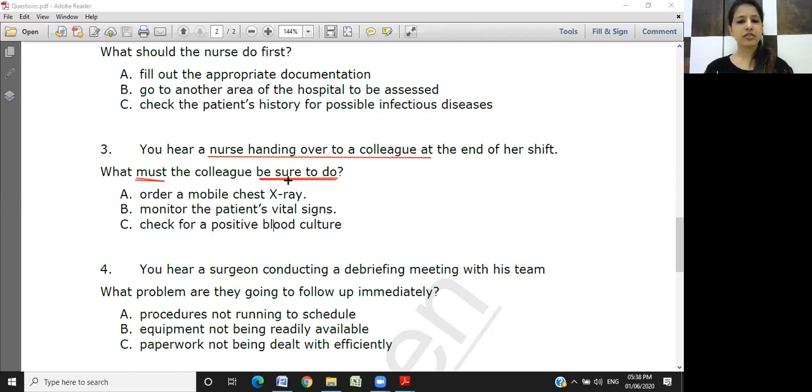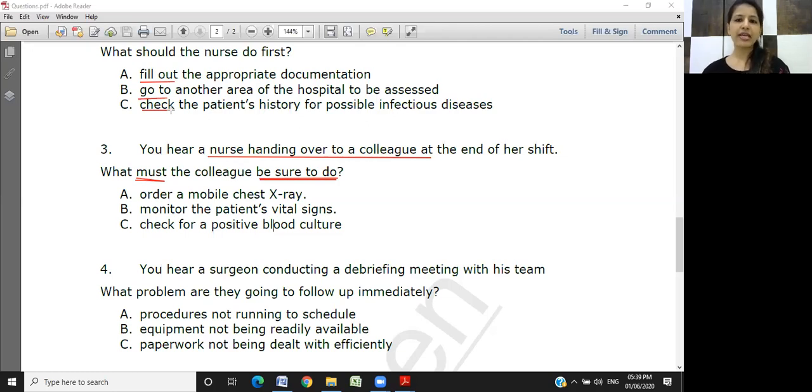And from the answer choices, you can see each of the answer choices are very different from each other. Okay? And whenever it comes to future action, also be careful about the verbs. For example, here the verbs were fill out, go to, check, because the question is asking what is the next thing to do.